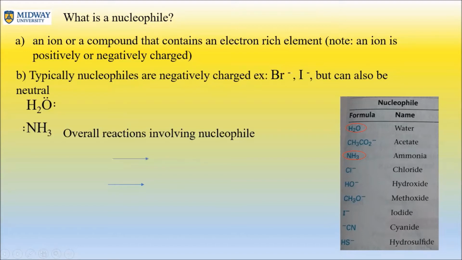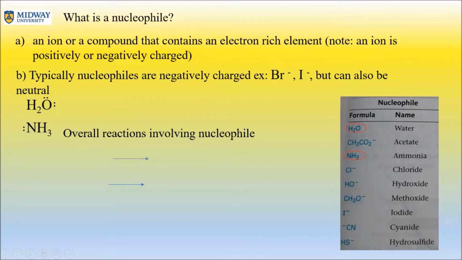As you can see, in water, the oxygen contains two lone pairs of electrons. That makes oxygen electron rich, which means it makes water a neutral nucleophile, meaning again, it's rich in electrons. So is ammonia. Nitrogen contains a lone pair of electrons which can be readily donated to another element in the course of a reaction. So both water and ammonia make excellent neutral nucleophiles.